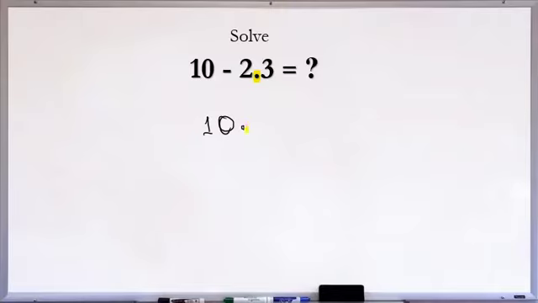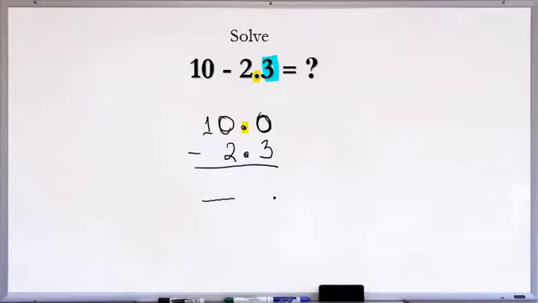Okay, and we will also observe that there is a number after the decimal point for the 2.3. That means we need to create a 0 there. So we'll now fill this up. We have the decimal point there, and then we have a 2 and a 3. Now we can subtract.